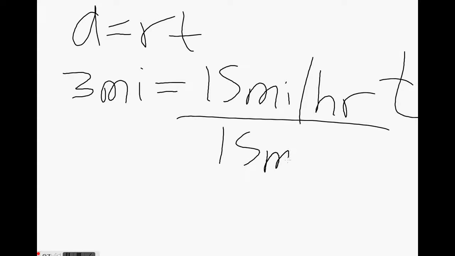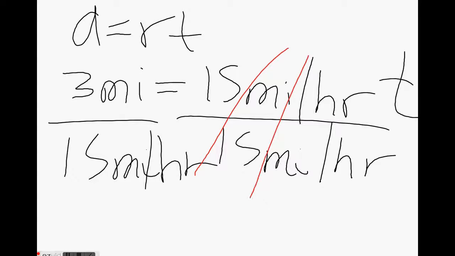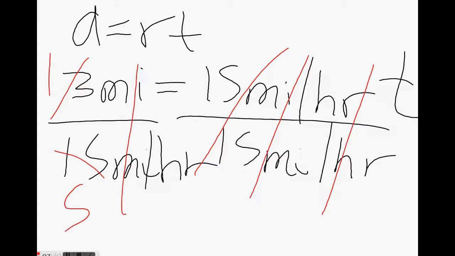So we're dividing both sides by 15 miles per hour. Miles cross out, hours cross out. This becomes a 1, this becomes a 5. So it's 1/5 of an hour. So I was right. Let's delete this and come back.